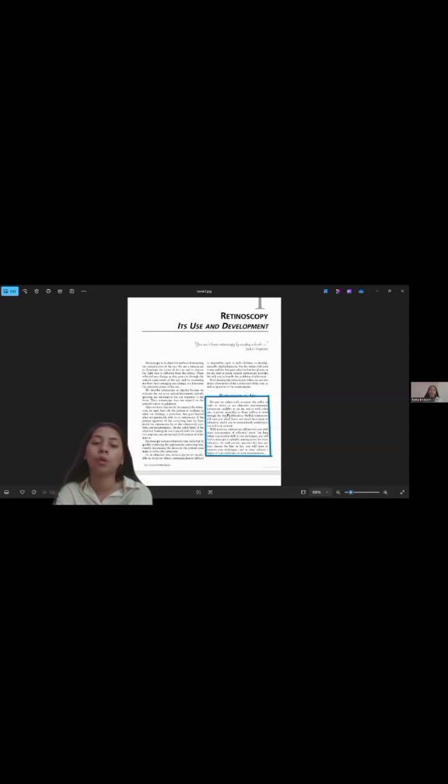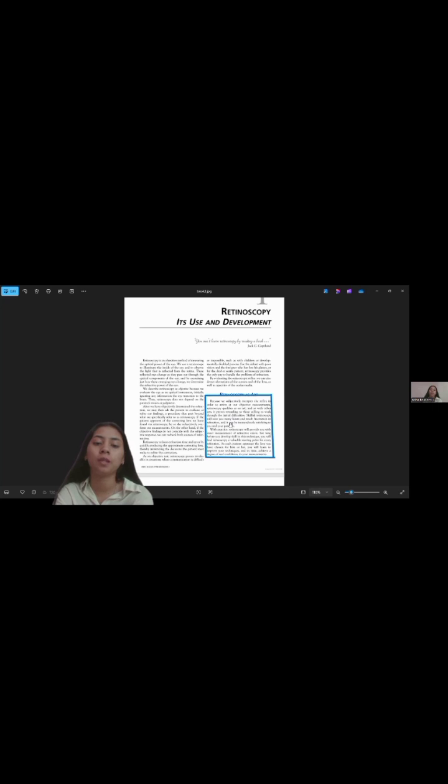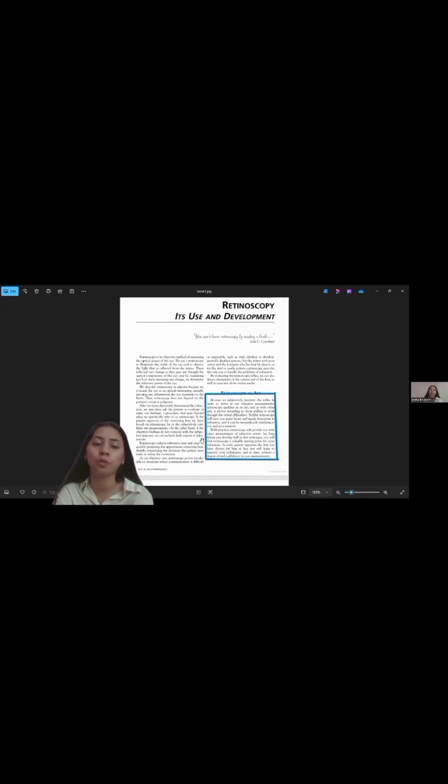Using a retinoscope, we shine light onto the patient's eye and observe how the light reflects off the retina. So retinoscopy doesn't depend on what the patient says. It's based on what you observe. That's why it is helpful for children, non-verbal and disabled patients.